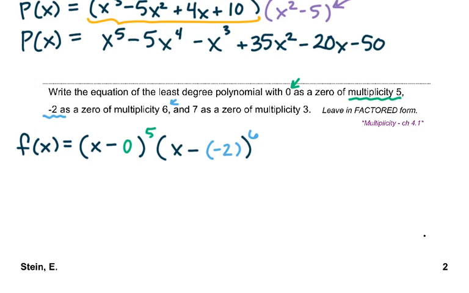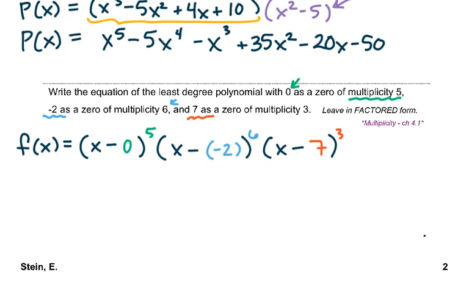And my last piece, we have a 0 of 7. So that would be x minus 7, and the multiplicity, the exponent on that factor, is 3.